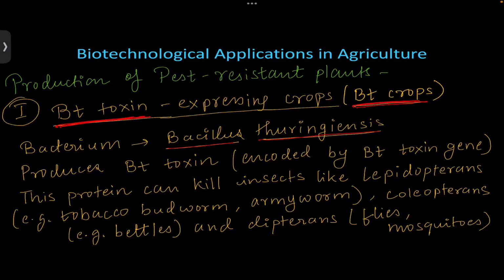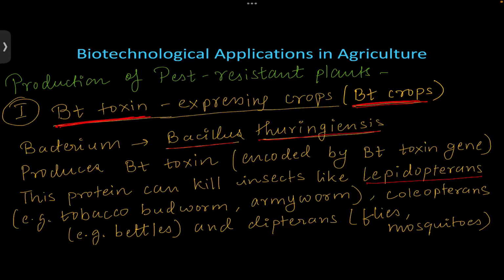So different kinds of Bt toxins are there to kill varieties of insects like Lepidopterans. This is a class of insects under which tobacco budworm, armyworm, etc. are the examples. Another class could be Coleopterans, under which beetles come, then Dipterans, under which flies and mosquitoes come.